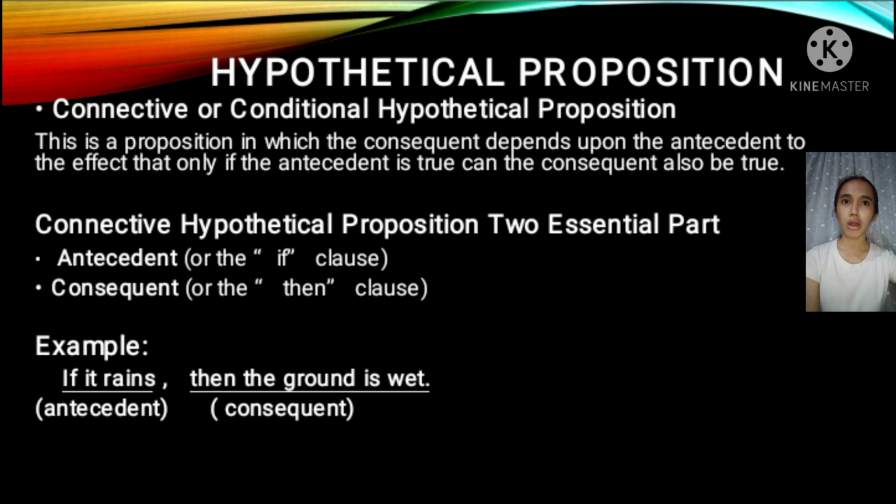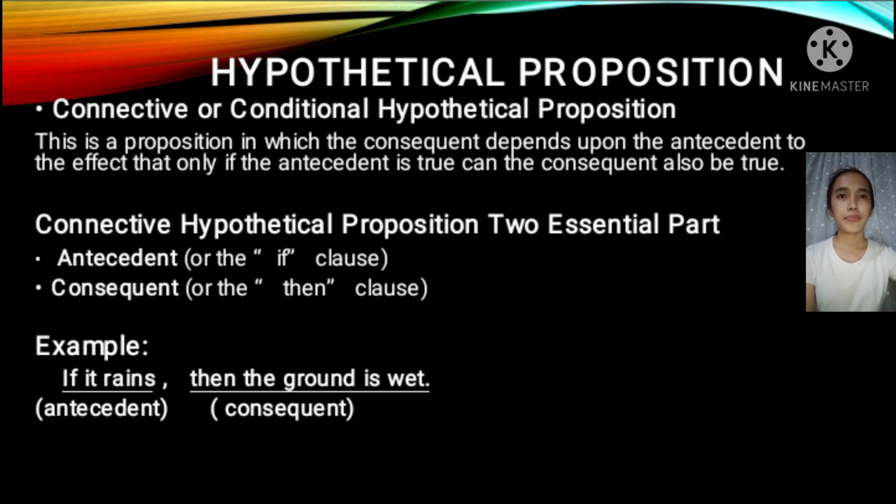It is called the connective or the conditional hypothetical proposition. The antecedent is the if clause, while the consequence is the then clause. Example, if it rains, then the ground is wet. If it rains is the antecedent and the consequence is then the ground is wet.